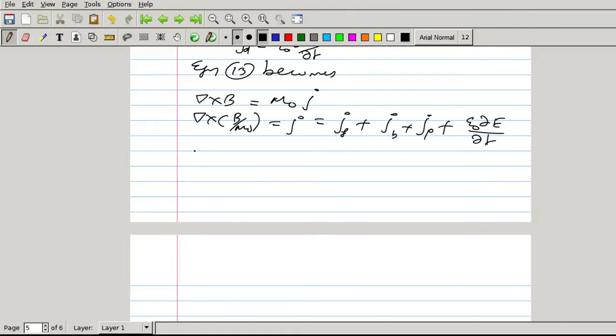So substituting the values, del cross B by mu 0 equal to J free plus J bound, what is J bound?